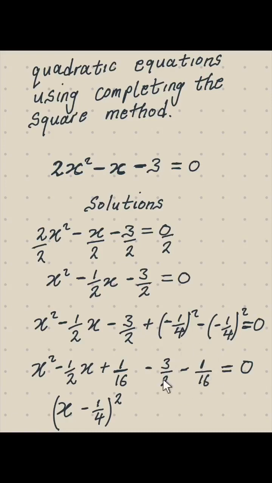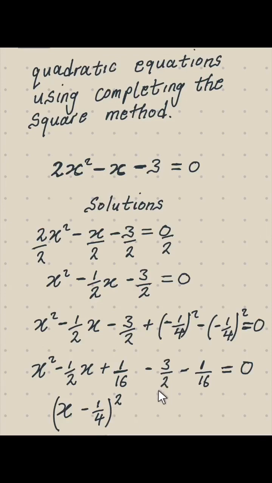Okay, so now evaluating negative 3 over 2 minus 1 over 16, when you subtract these two, you are going to find the answer is going to be negative 25 over 16. Okay, so these have given us this, then is equal to 0.